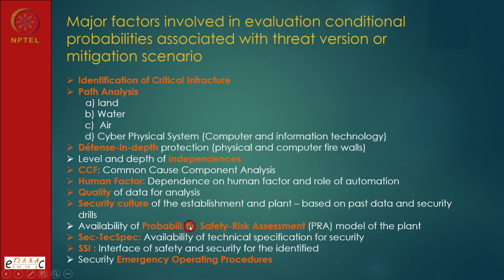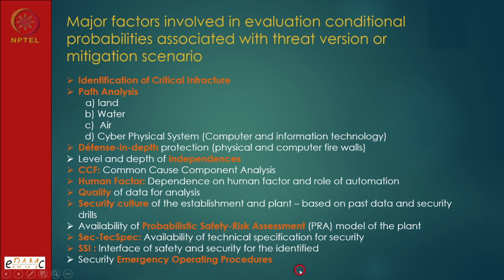If some plant has not done it, they can have independent checks that safety is not getting jeopardized because of this risk assessment. Then the plant technical specification should be available, and the interface of safety and security to be identified, and those should be reflected in our design, operation, maintenance and services book, wherever there is an important observation.